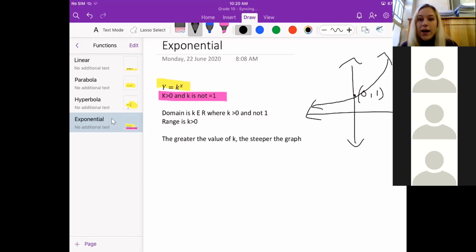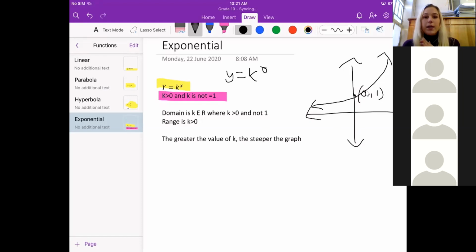So let's have a look at why it will always go through (0, 1). If we plug into our formula, when x is equal to 0, we'll get y is equal to k to the 0. Why is this important?